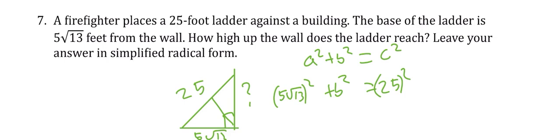So 5 root 13 squared, we distribute this exponent of 2 to both the 5 and the root 13. 5 squared is 25. Root 13 squared is just 13. Plus b squared equals 25 squared.